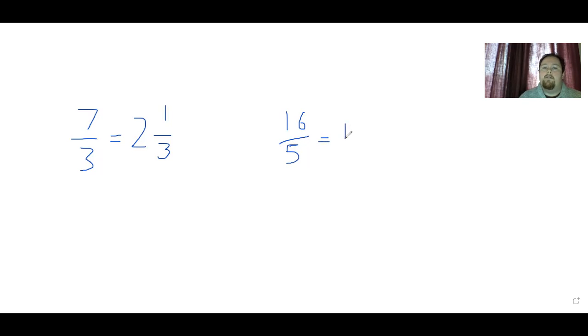So the big number of the mixed fraction, the mixed fraction is just the big number and then the little fraction behind it, so that's 3. And then we say, how many is left over? Well, if 5 went in there 3 times to give you 15, and you got 16, you've got 1 left. And then the bottom number, remember, is always staying the same.